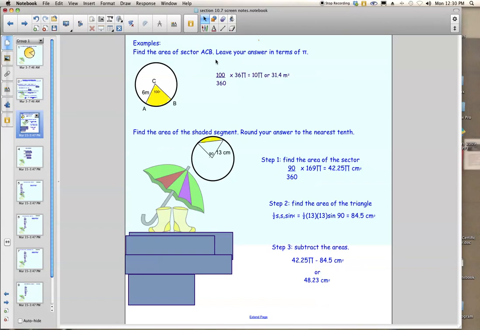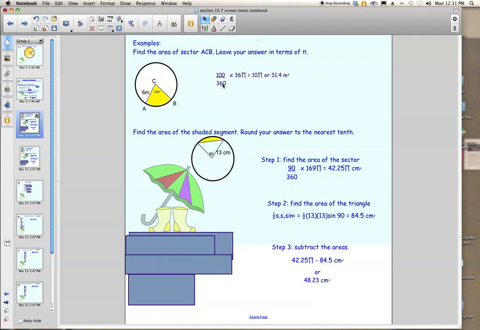To find the area of the sector ACB, notice this is pie-shaped. We call this the sector. To find the area of that, you simply take how many degrees the arc is. Remember that the arc has the same degrees as the central angle. So we would take 100 divided by 360, that gives us our percent of the circle, times the radius, which is 6, so 6 squared is 36 pi.